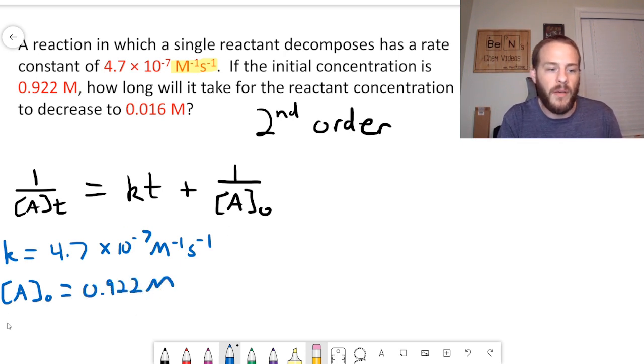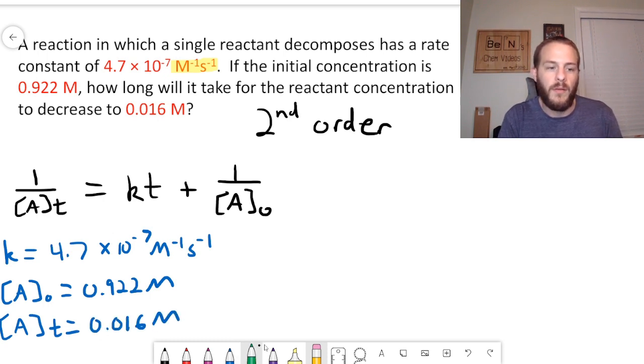And it also gives us the concentration of A at time t, which is 0.016 molar. So we have the rate constant, the initial concentration, and the final concentration. The only thing that we're missing is the time, so that's what we need to solve for.